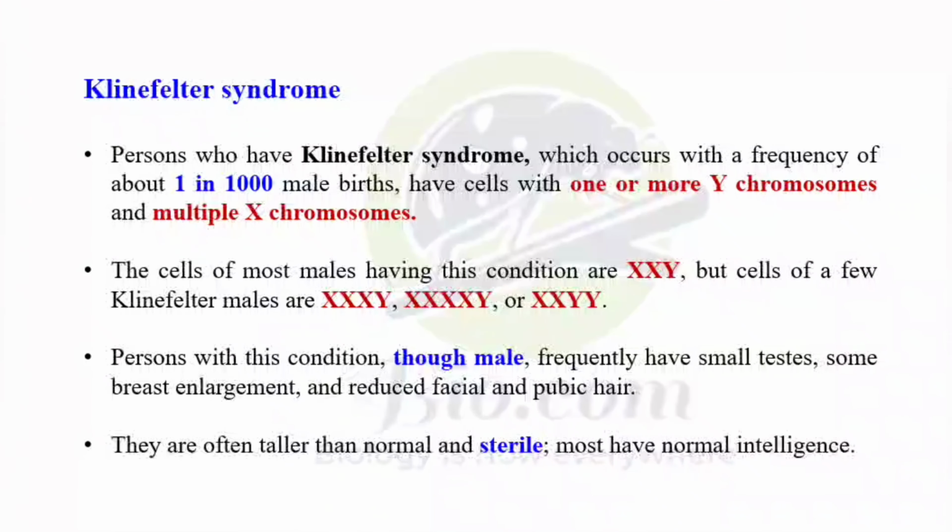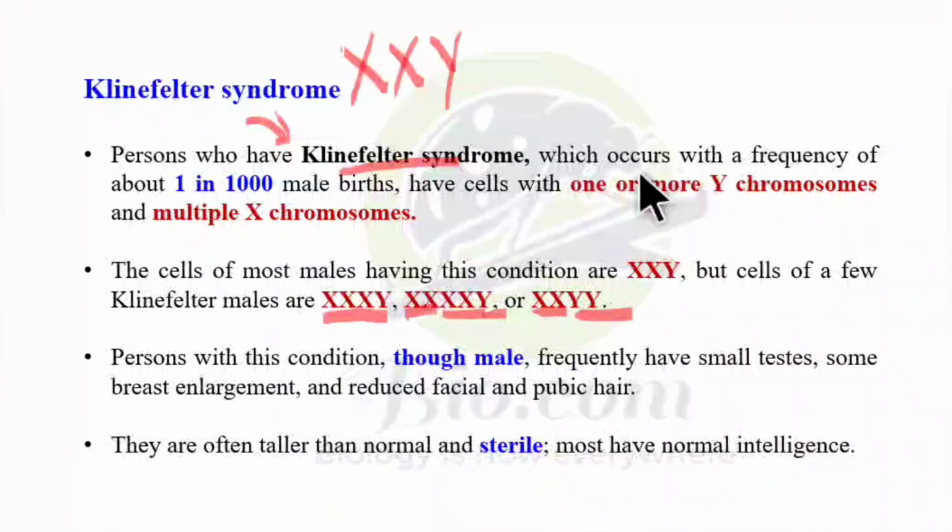Now if we have studied Turner syndrome, we must study Klinefelter syndrome, that is represented as XXY mostly, but it can also be represented as XXXY or XX and Y. So the person having Klinefelter syndrome has a frequency of about 1 in 1000 male births.